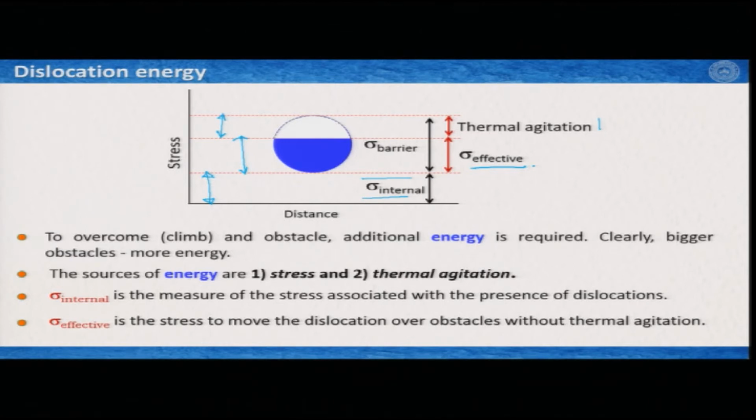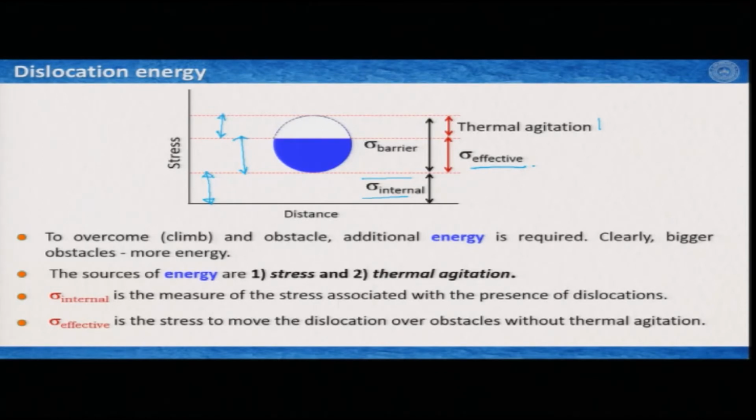So, we can see that primarily the crystal has energy within it in the form of dislocations, which we call sigma internal, and the rest of the energy required to climb the obstacles is sigma barrier. The sigma barrier is achieved by a combination of the effective stress and some thermal agitation.